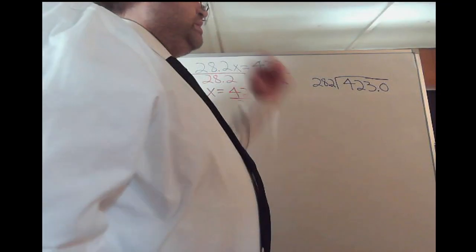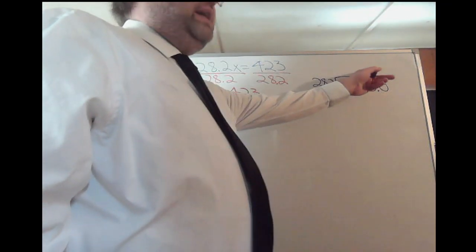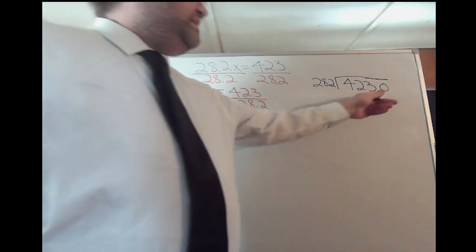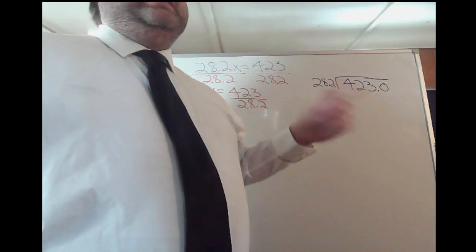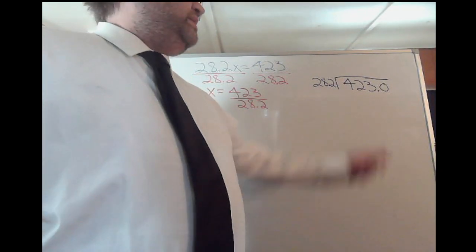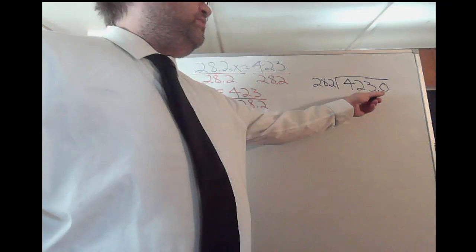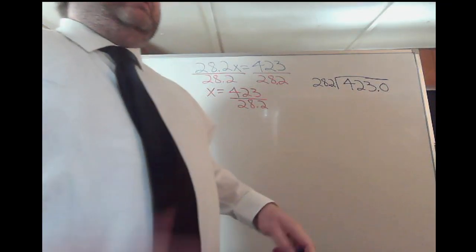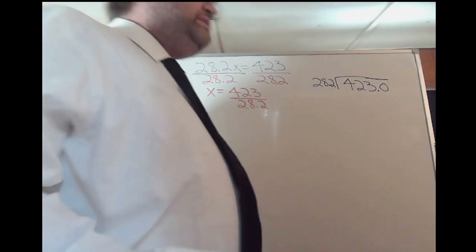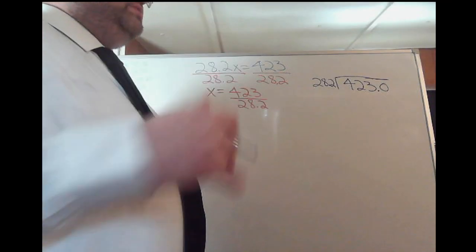If it helps you, you can write that. The worst case scenario is you'll get a 0.0. That's the worst thing that could happen. It's actually very good to get in the habit of writing 0.0 and adding as many zeros as you need so you can get down to no remainder.